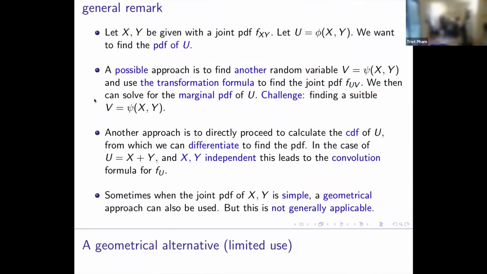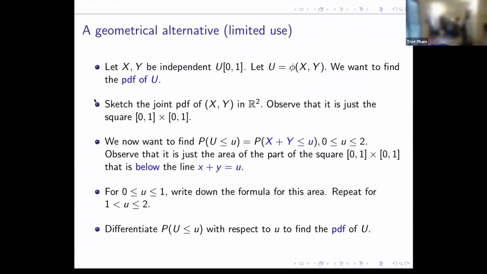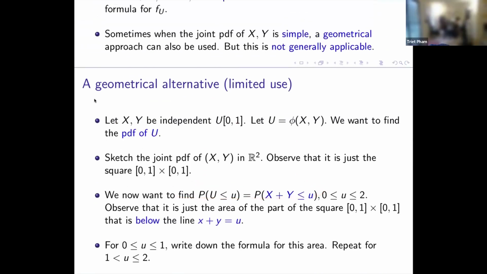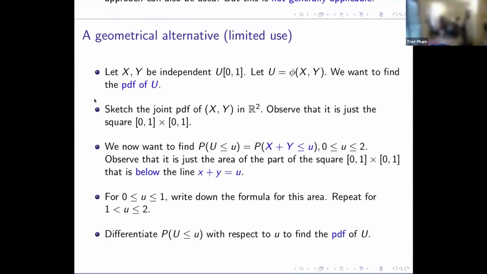And so, for example, right here, when you have independent variables on the square, the choice to find the sum actually is not about using the transformation formula, but to directly work with the geometry of the sum on the square.